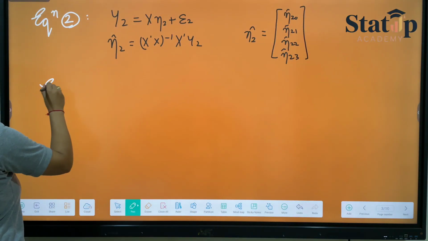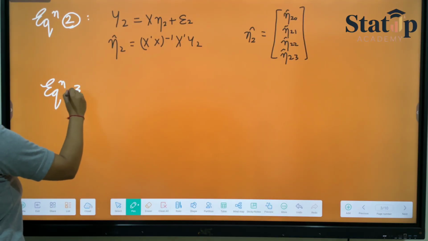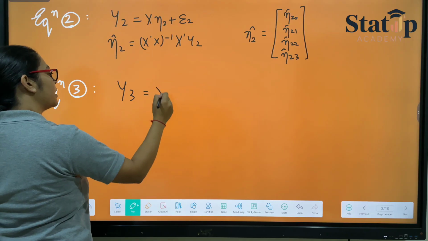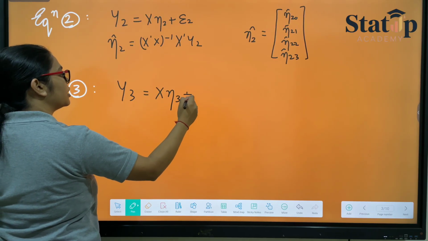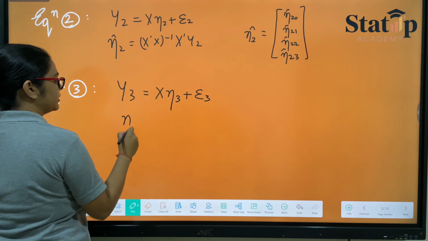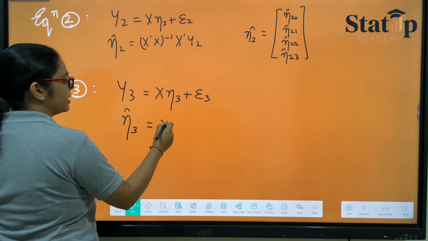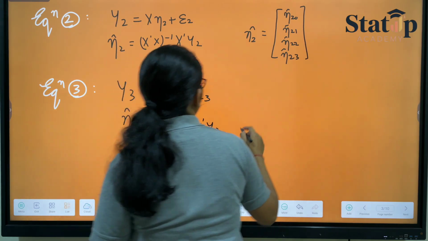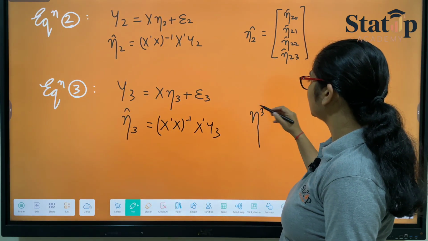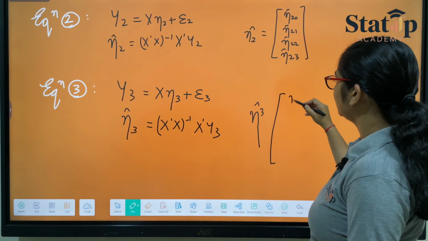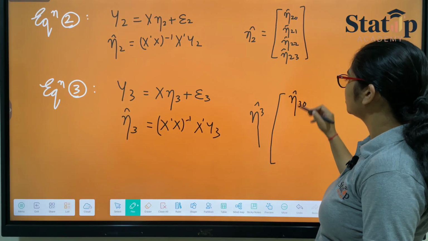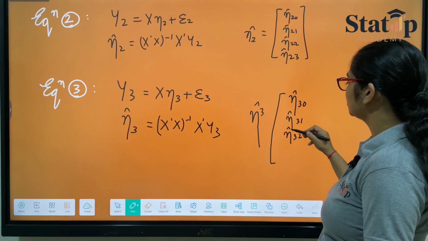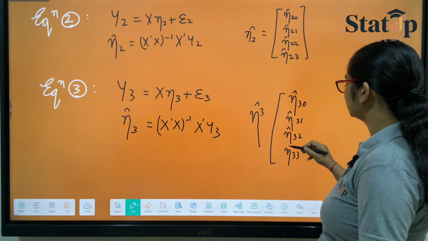And similarly for equation 3, y3 equals x eta 3 plus epsilon 3. Eta 3 cap will be x dash x inverse x dash y3, which is eta 3 0, eta 3 1, eta 3 2, eta 3 3.